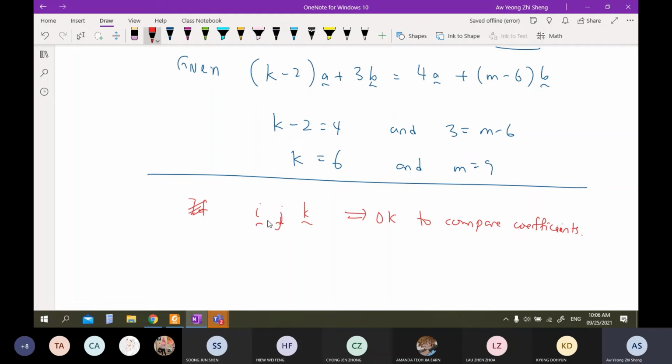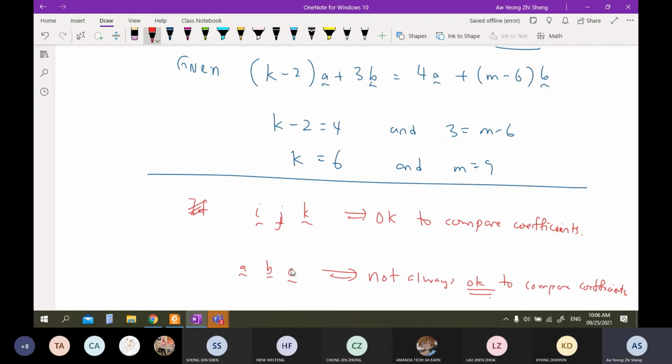But if there are other three vectors, if you have, let's say, a combination of vectors a, b, and c, it's actually not always okay to compare coefficients, because there are some other conditions to check.